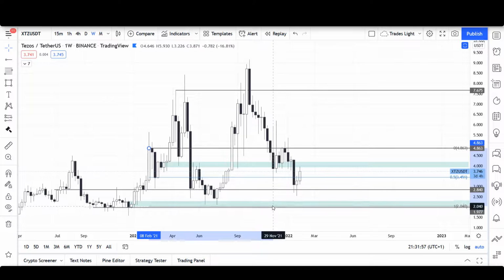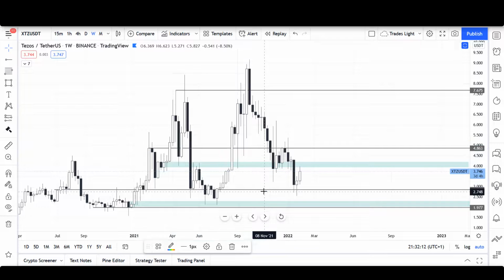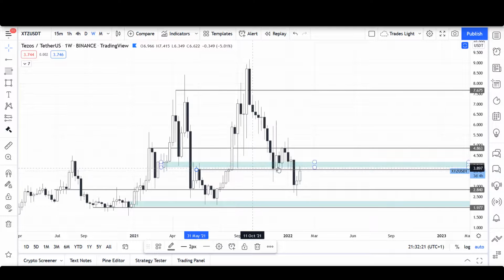Whether you draw it, well, this would not be very reasonable, but in between these two, you can see there's another mid-level going on. Here, here, here, here, here, and here. So for me, I see quite some confluence that this level, which also aligns with this weekly level, that this is an area of resistance.